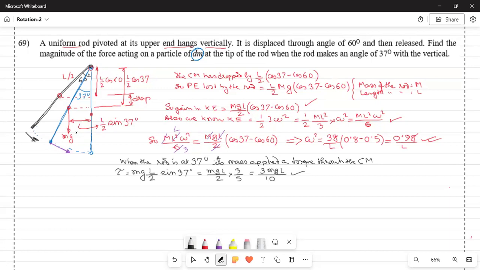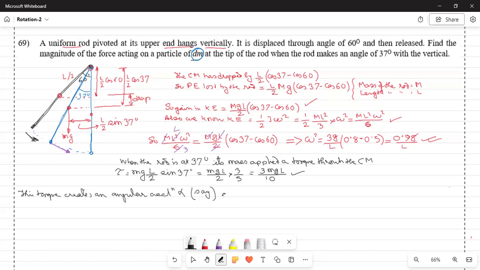Now this torque creates an angular acceleration, say alpha.